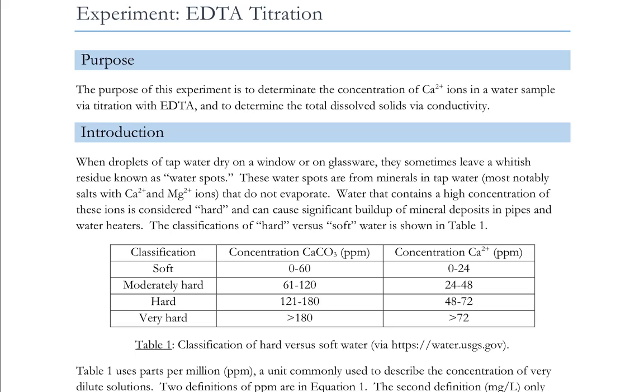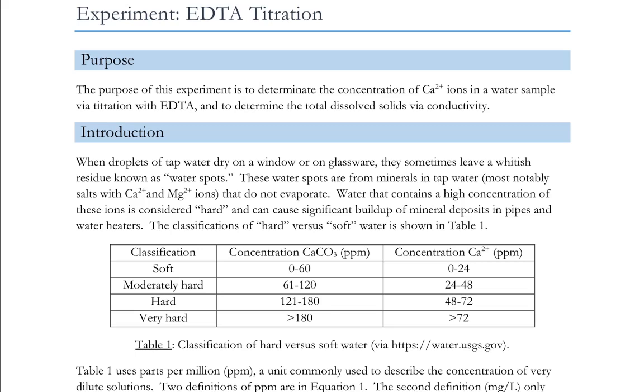We don't like the presence of the calcium ions because in our everyday life, they mean we need more soap. The soap combines with the calcium ions, rendering the soap not as useful, so we have to add more soap to get the same cleaning properties.